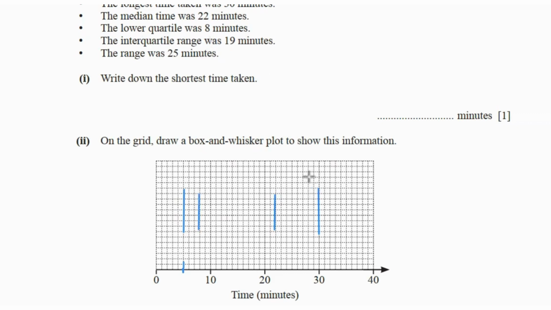Upper quartile, we don't know, but we know the interquartile range. So interquartile range is basically upper quartile minus lower quartile. That's 19 equals x minus 8. So 19 plus 8, which is 27. So 27 is our upper quartile.